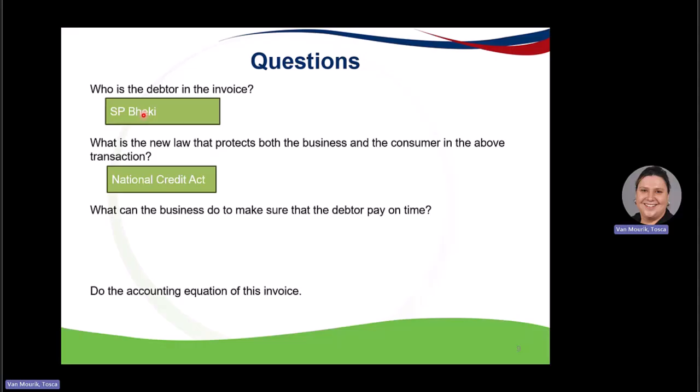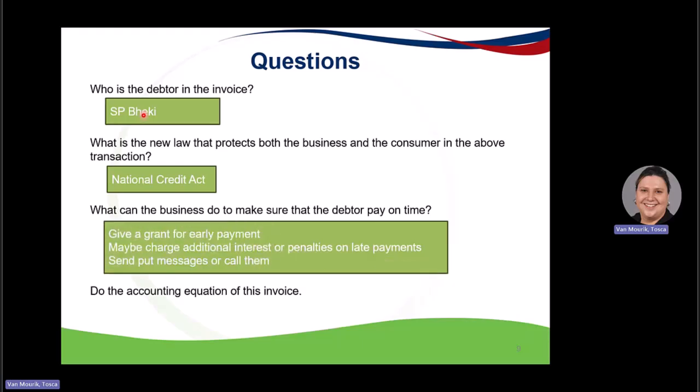Maybe you can also put on the invoice that for any late payments there will be some interest or maybe penalties. And then the last one is maybe to have a dedicated team just to email them or to call them.